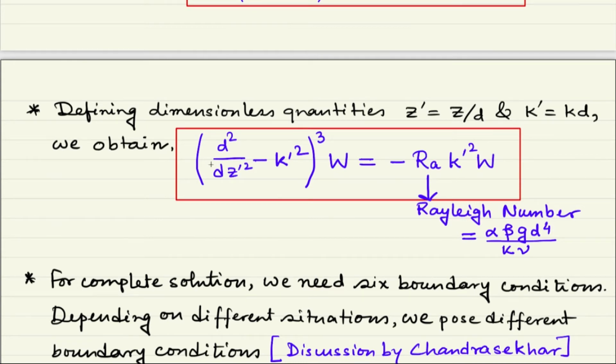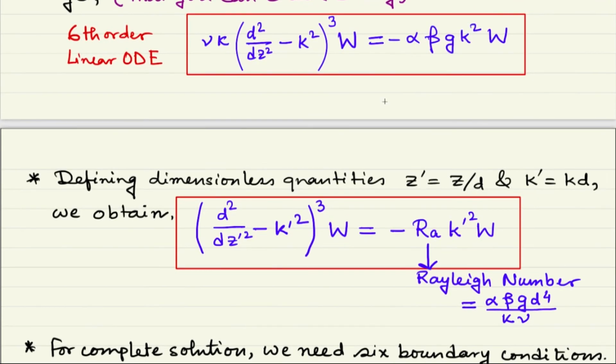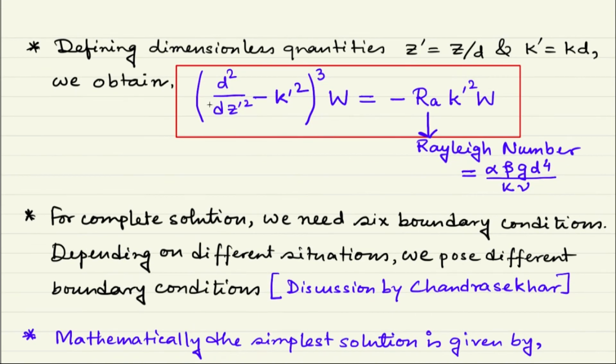Then we can write the whole equation simply in the form d2/dz prime square minus k prime square, the whole cube, times W equal to minus Ra, a dimensionless number, times k prime square W.